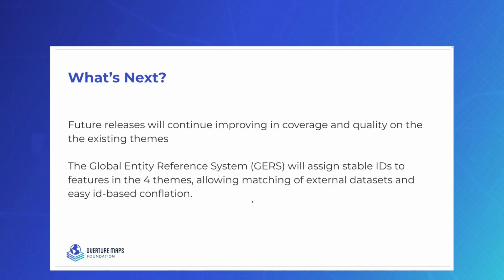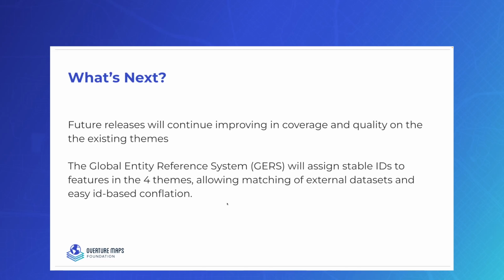Next, so what's coming next? Future releases will continue improving in coverage and quality on the existing themes. So for example, we saw today that the buildings theme does not have Microsoft Buildings coverage for all of the countries globally, but expect that to improve in coverage in the next release.